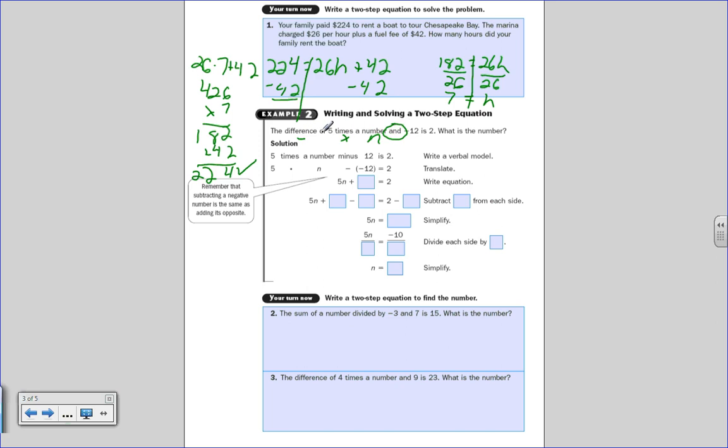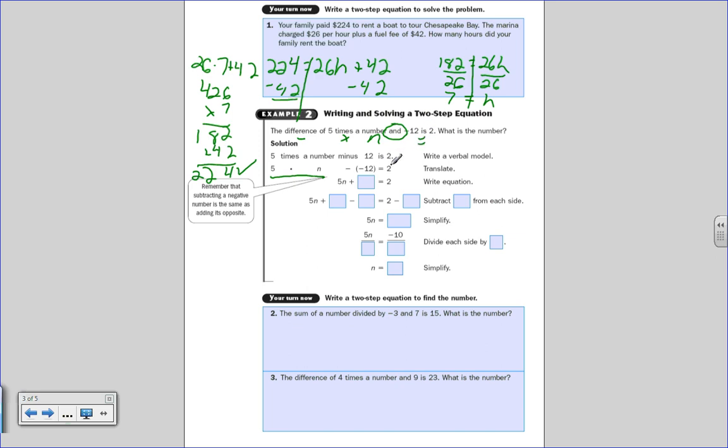So if I'm going to take this out and write it as a two-step equation, I have 5 times n. So I'll write it right down here. 5 times n. And is for the subtraction. Subtract -12. There it is. Is always is where your equal sign goes.